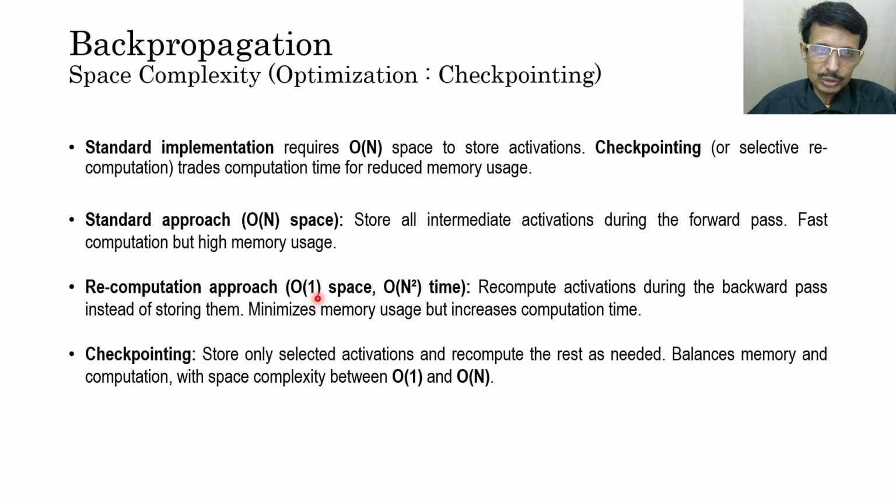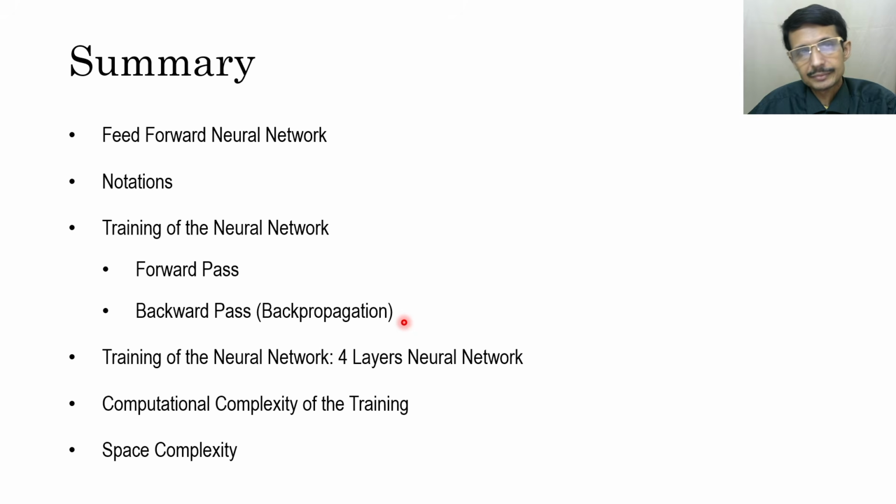The recomputation approach is big O of 1 space but big O of L squared time. We recompute the activations during the backward pass instead of storing them, which minimizes memory usage but increases computation time. And checkpointing stores only selected activations and recomputes the rest as needed, balancing memory and computation, with space complexity between big O of 1 and big O of L. So this is the complexity.